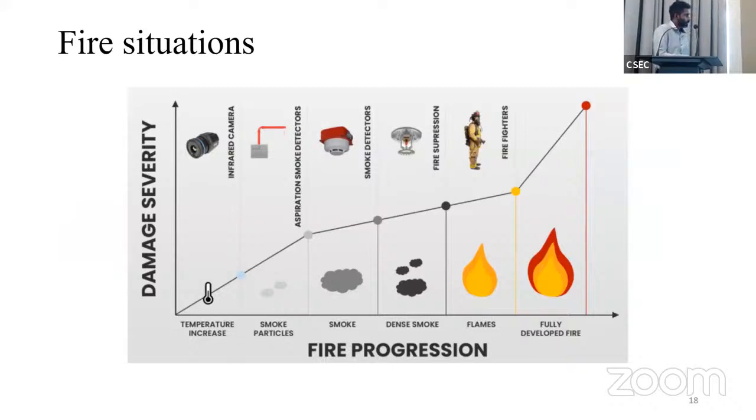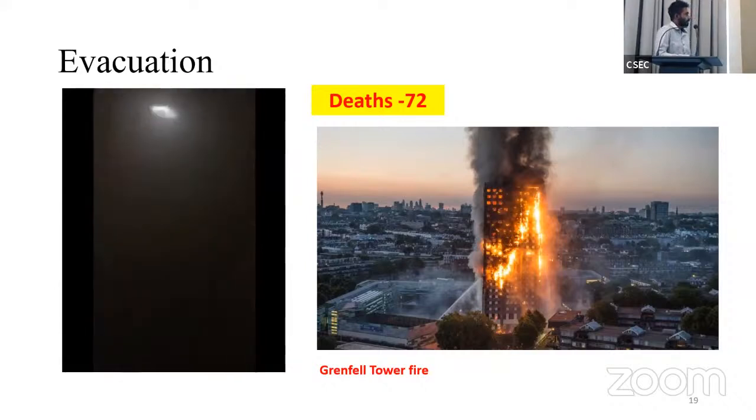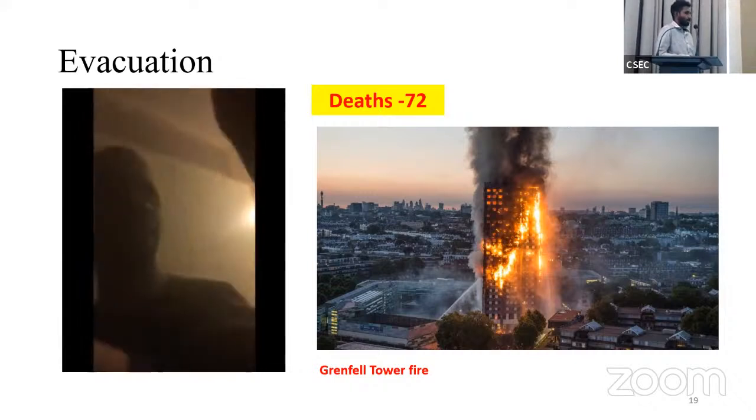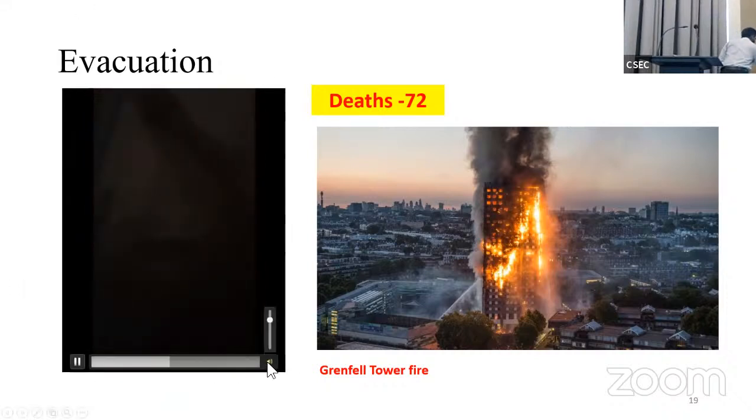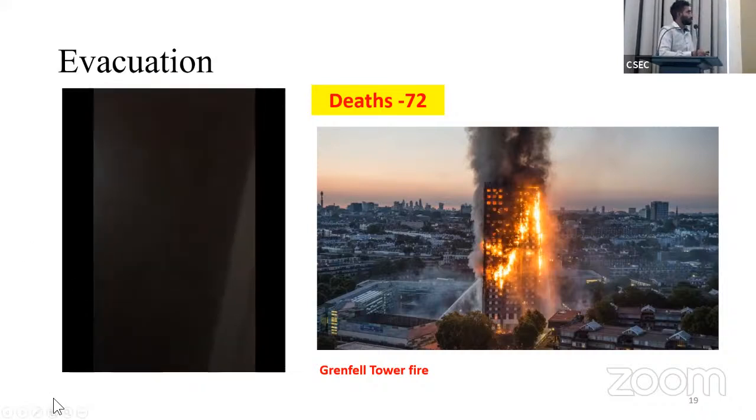This is a diagram that shows the fire progression with damage severity. You can identify that when the smoke detectors activate, there will be a small amount of smoke. And when fire extinguishers and fire suppression system sprinklers activate, there will be dense smoke. You can experience situations like this. This is a case inside the Greenfield Tower fire.